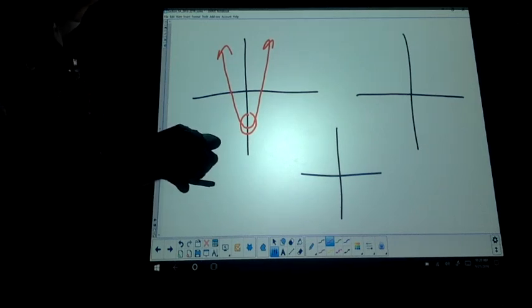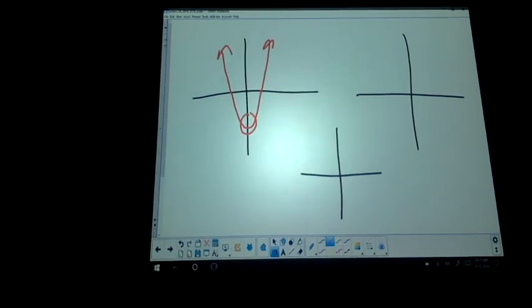Does that make sense when I say that? Okay. So this first graph here, if I could draw really well, would you say it's even, odd, or neither? Even. Everyone feel comfortable with that? Does everyone understand why?